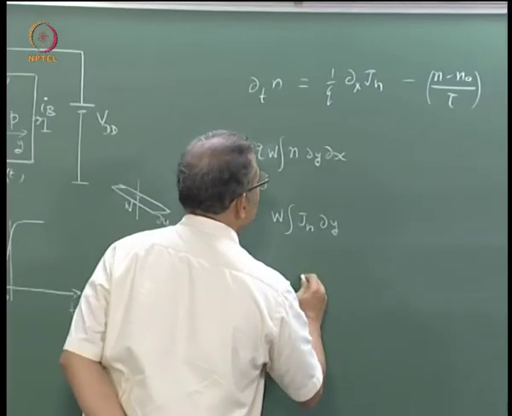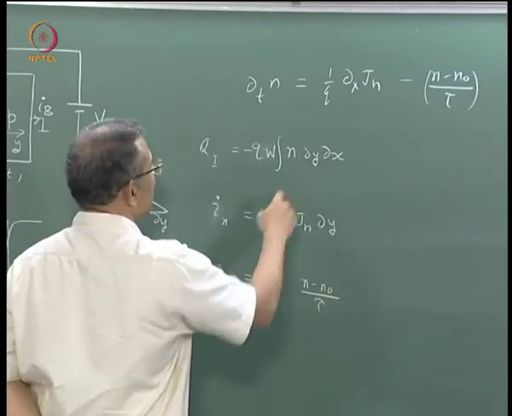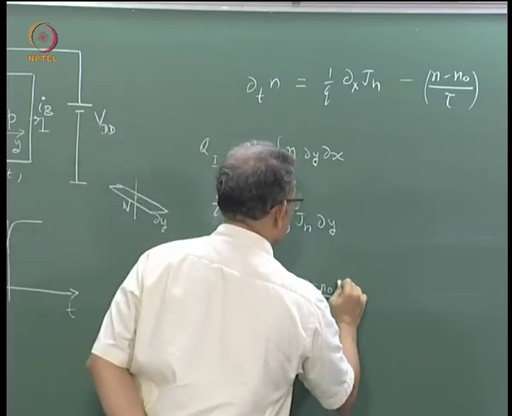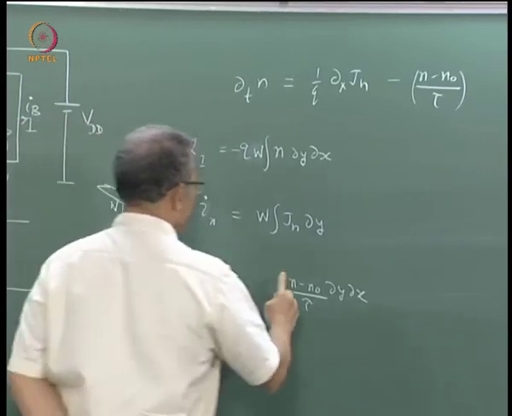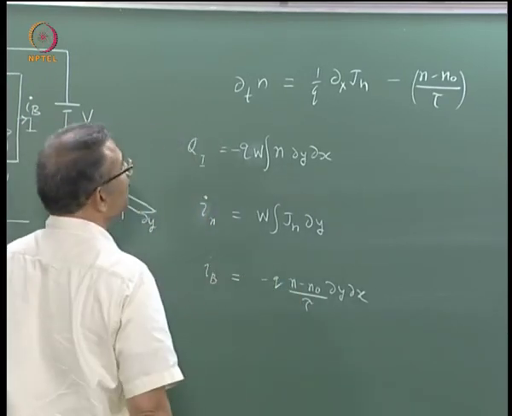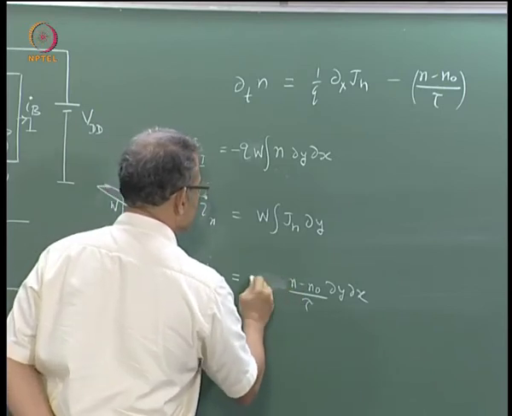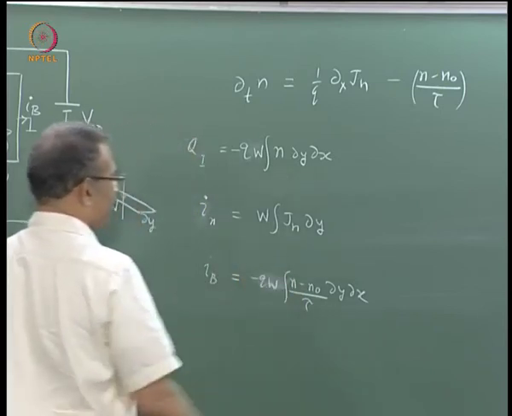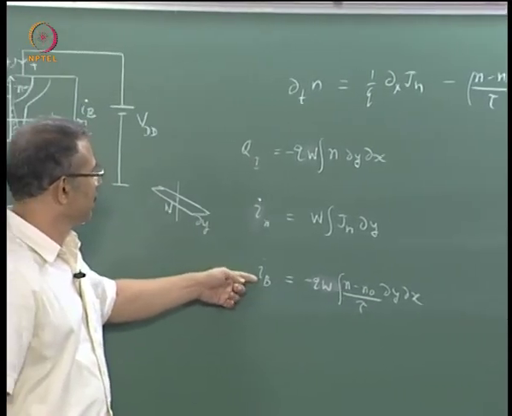So IB is (n minus n naught) by tau. Again, as we have done here, we need to integrate over ∂y ∂x and multiply by minus q to get the charge over here, and W. Then it gives you the current IB.